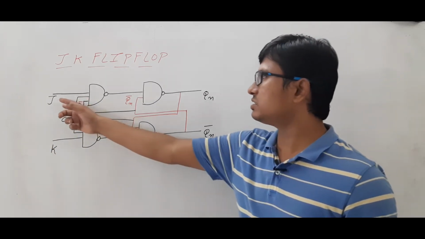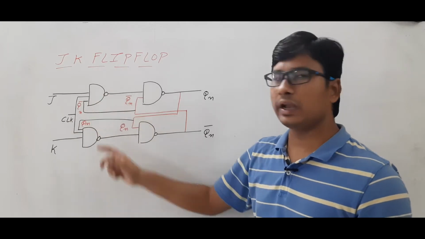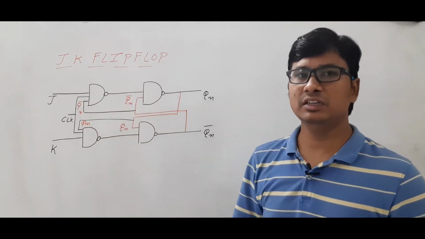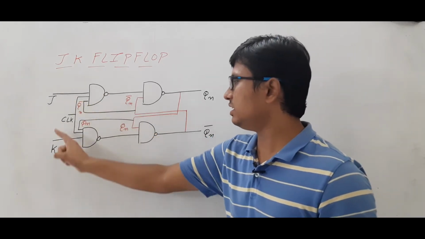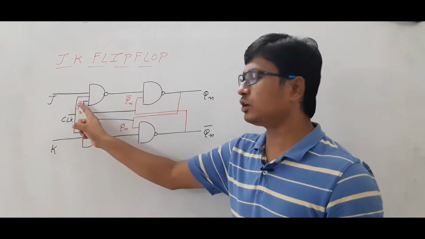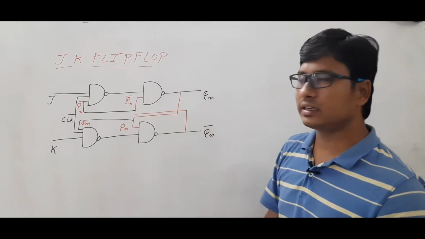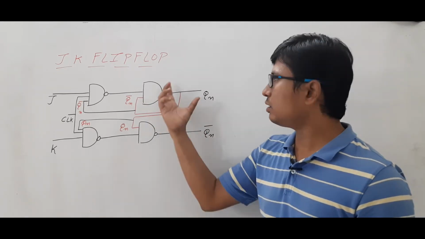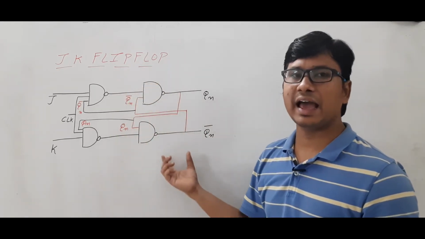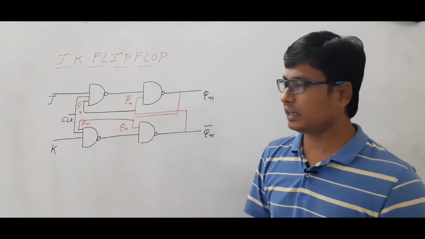But in the JK flip-flop, these 2 NAND gates have 3 inputs: J, K, clock, and Qn complement and Qn. And these 2 NAND gates are similar; they look like an SR latch using NAND gates. Am I right or wrong?